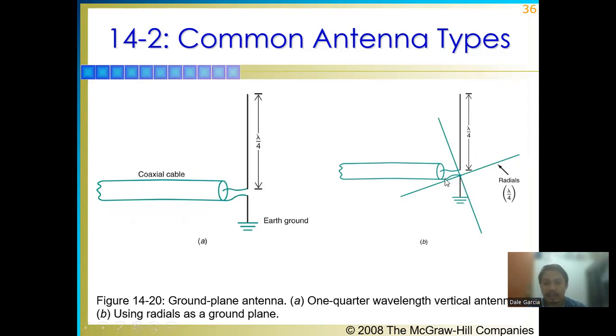These radials are conductors too, perpendicular to the segment of the antenna that is mounted vertically. So the radial is for the ground.